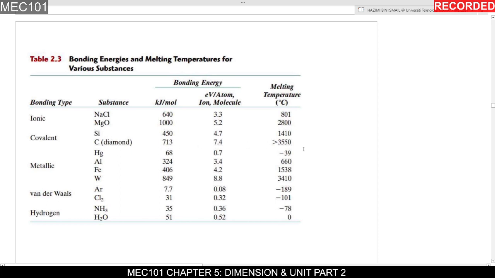So it depends. Ionic does not necessarily have the highest melting temperature. It depends on the combination of elements itself. But if you compare ionic and covalent to metallic bonding, yes, metallic bonding has comparably lower bonding energy, and the melting temperature varies, depending on the element itself.